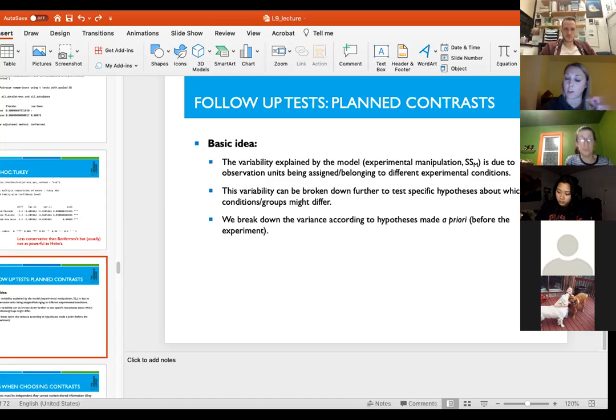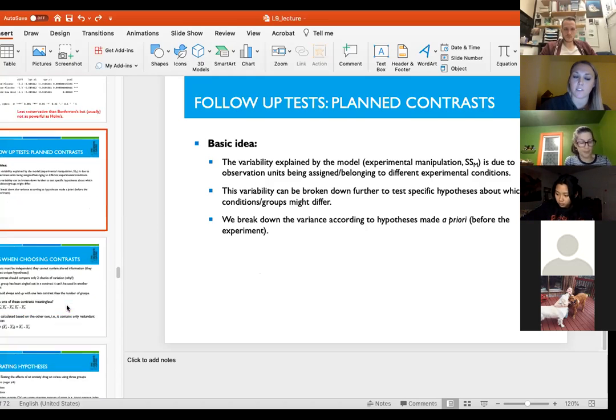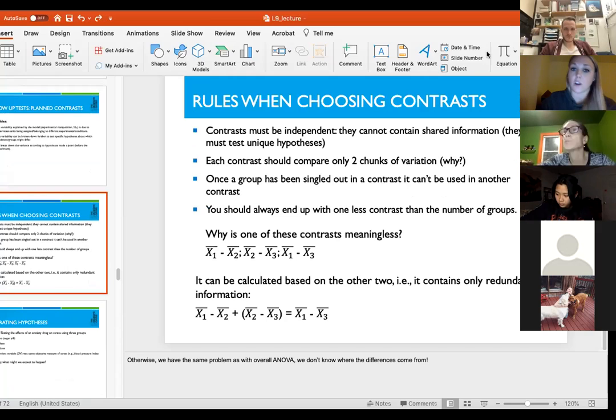But we can further partition that error or variance and see if we can parse down into it and see if there are specific differences. Contrast weighting is not necessarily intuitive for a lot of students. So think about if you've ever done dummy coding for variables, where you're basically assigning dummy values to give them different weights. That's basically what we're doing here.